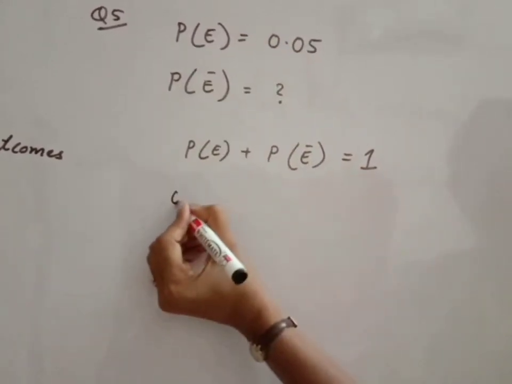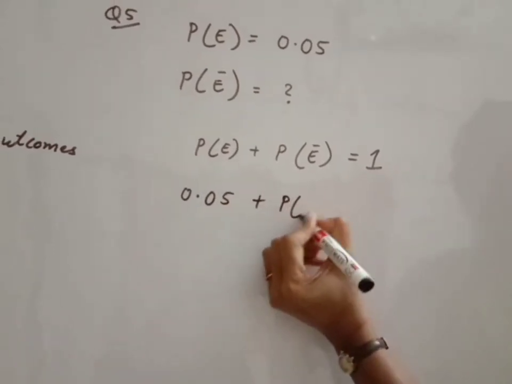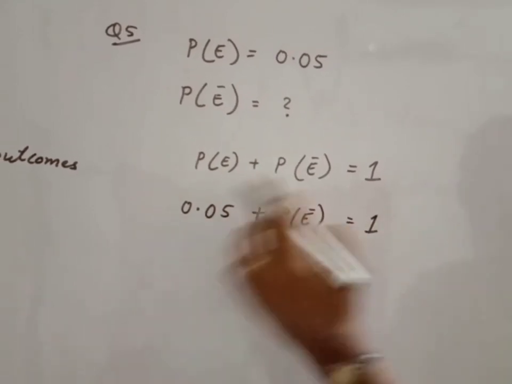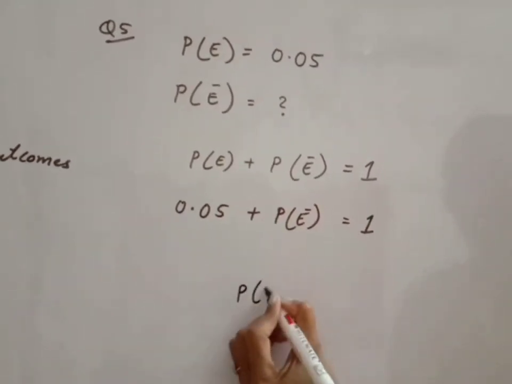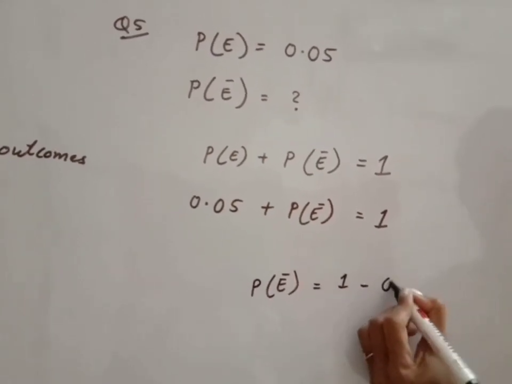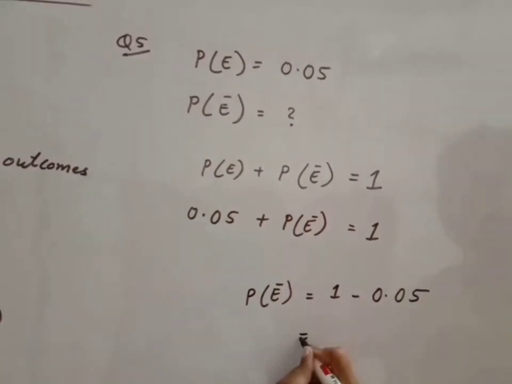So probability of event is already given, that is 0.05, plus probability of not event is equal to 1. So this comes to this side. So probability of not event is equal to 1 minus 0.05.